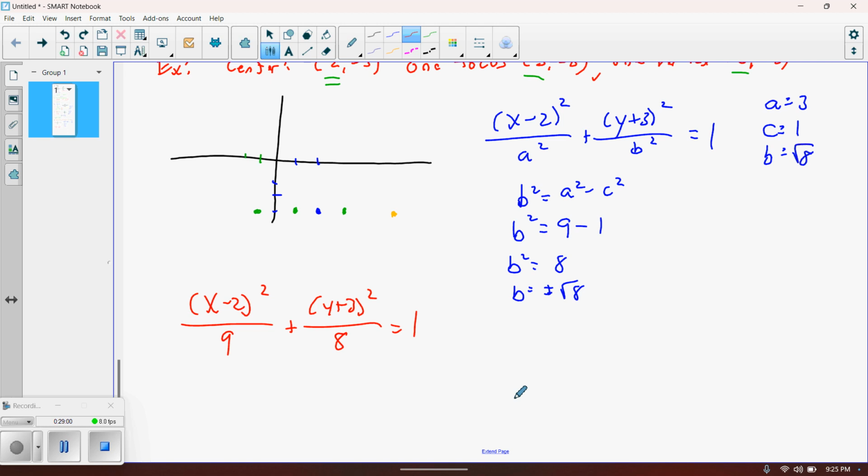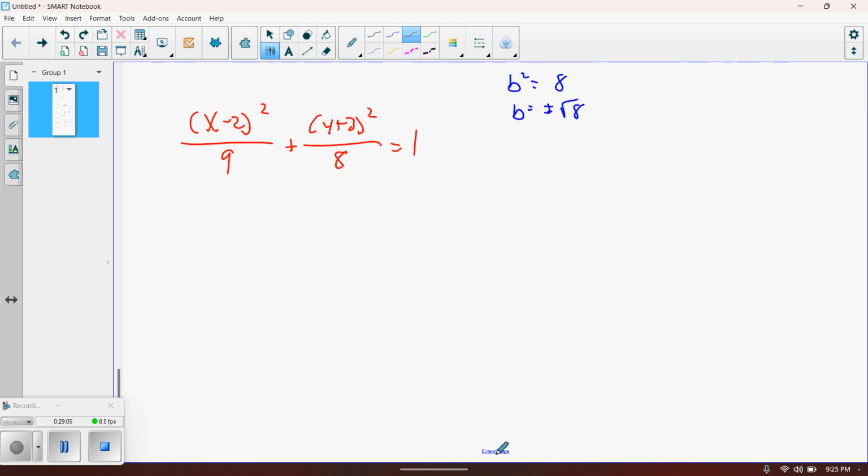All right, one more, and this is going to be where we combine a bunch of stuff. So the last example says we're going to be given the equation 4x squared plus y squared minus 8x plus 4y plus 4 is equal to 0.